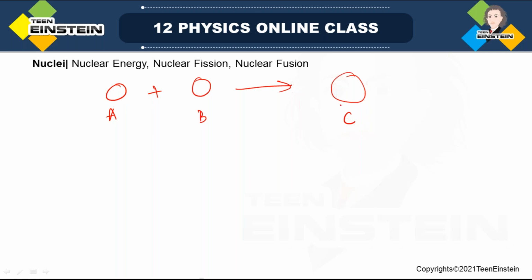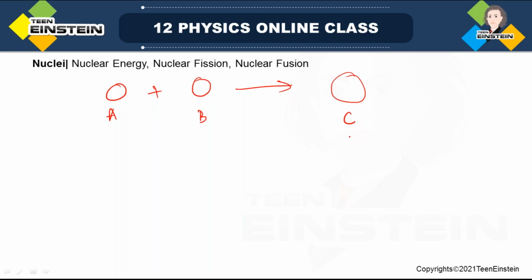In any reaction, you might have seen in chemical reactions also that there are endothermic and exothermic reactions. Exothermic releases energy, endothermic absorbs energy. Nuclear fission and fusion reactions can also happen like that. So in this case, suppose there are two nuclei A and B combined into C.